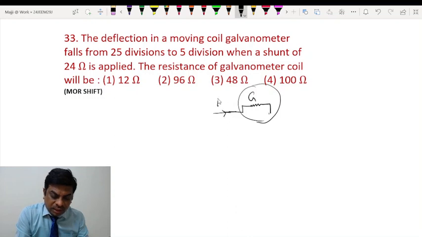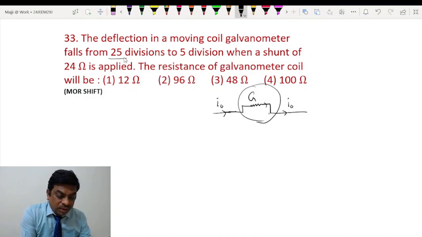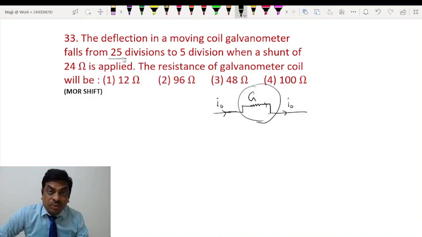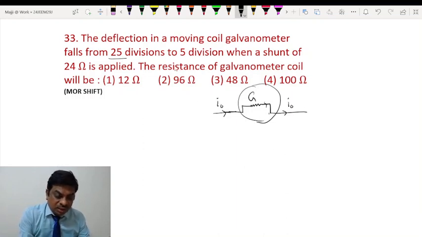Now initially let us say I naught current was flowing through this. Corresponding to that, the deflection corresponded to 25 divisions, as you can see. But as soon as a shunt was connected, now the deflection was only 5 divisions.